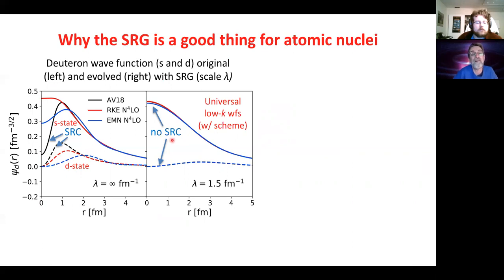When we evolve this to the place where we're going to do the calculations, all of these different wave functions become the same wave functions, and they're all nice and simple. None of this where you care about whether they're close to each other. And the amazing thing about this is that none of the energies or those phase shifts or the binding energy changes.